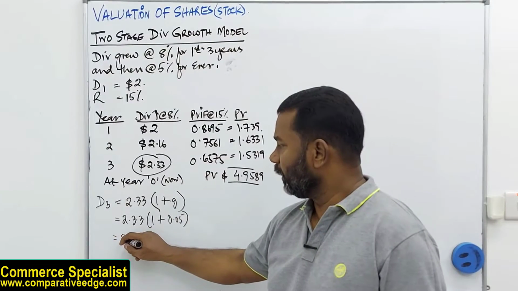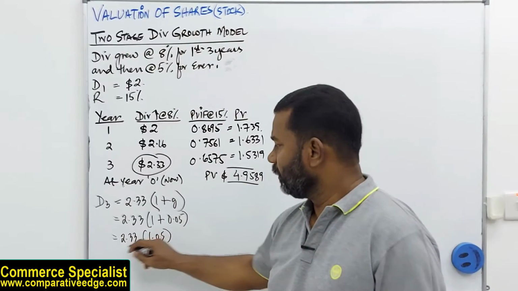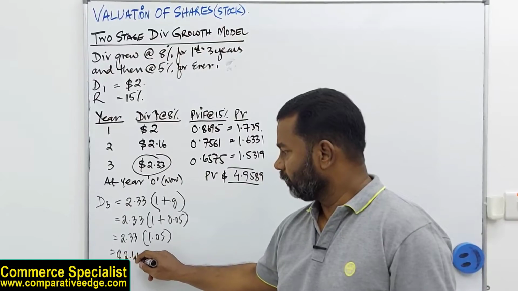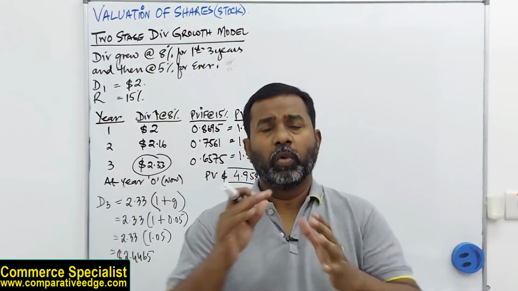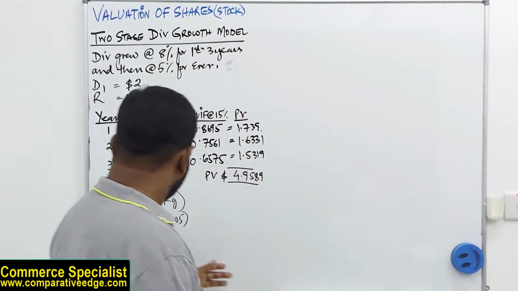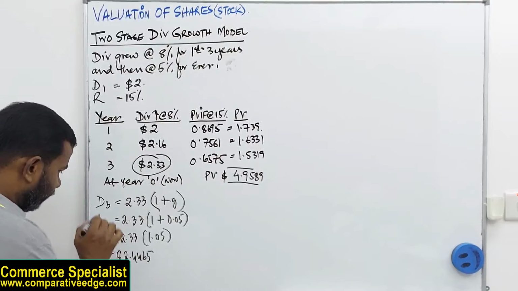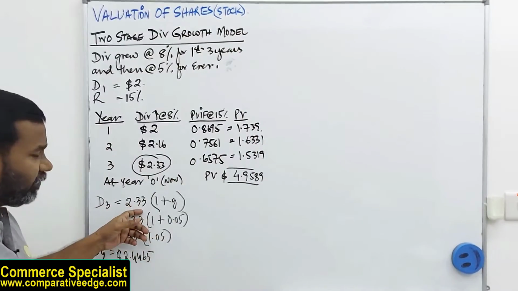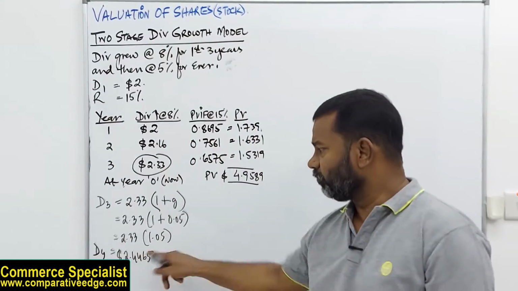So this will look like 2.33 into 1.05. When we multiply, we get 2.4465. Now what is happening? This becomes dividend for year 4. Because till year 3 it was 2.33, it grew by 5%, so in year 4 it will be this much.